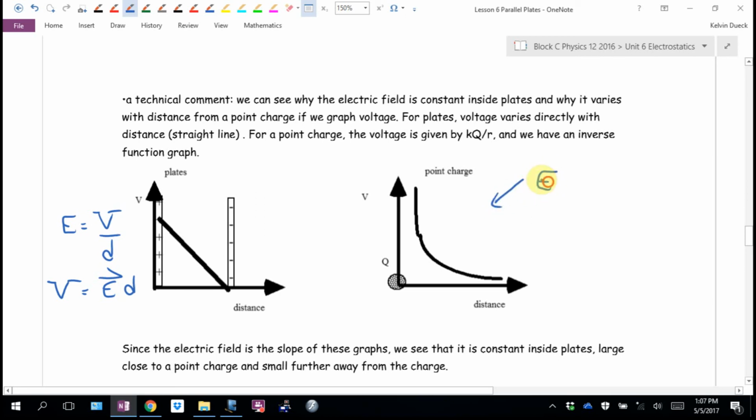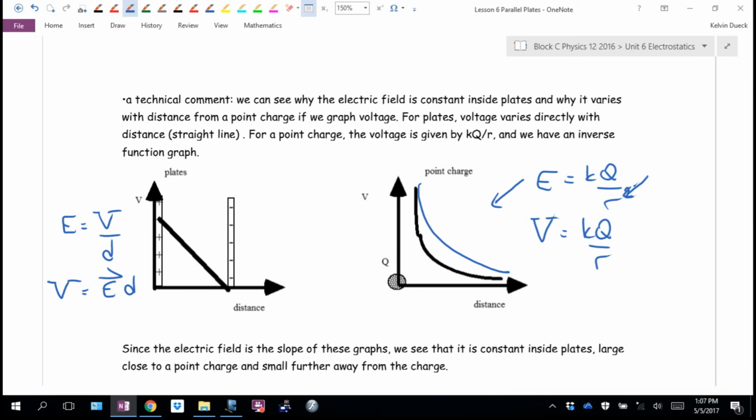Here, electric field is kq over r squared. You've got an r squared in the denominator. And if we wanted to look at voltage, voltage would be kq over r. That was the one I could also have written. You're going to get a yucky reciprocal graph no matter what, Prith. You're not going to get a lovely straight line. Okay?